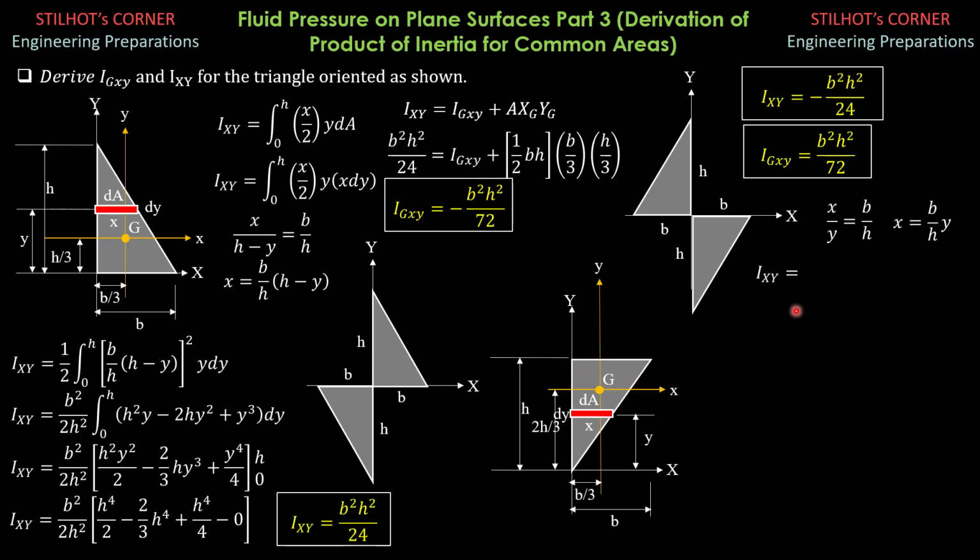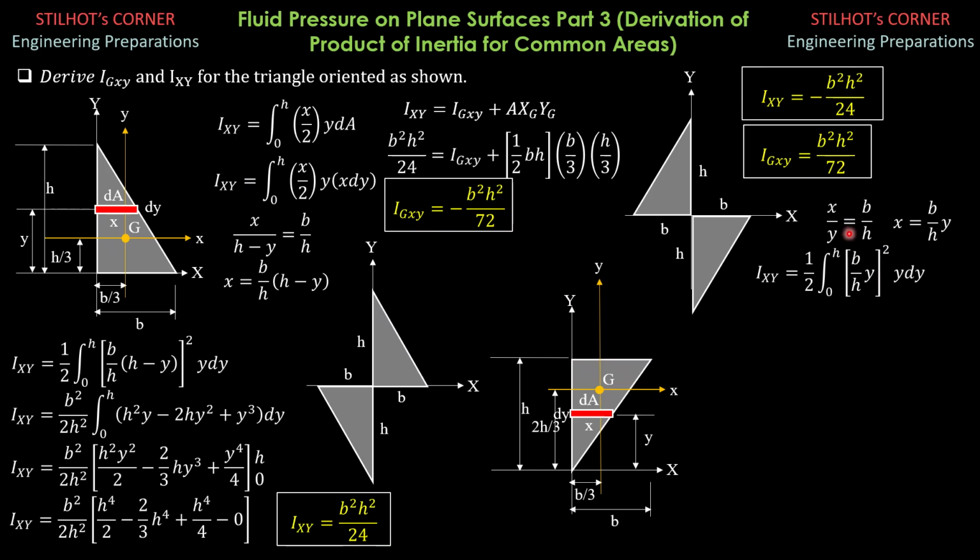So 1/2 integral of b over h y square, then y dy, just like this. There is 1/2 because the x coordinate of the centroid is x over 2, and the area is still x dy, so there is 1/2.